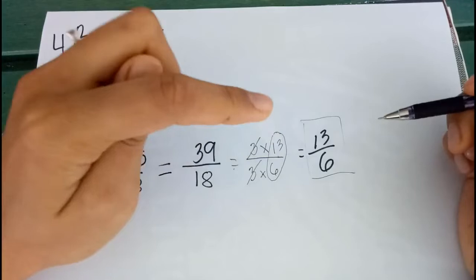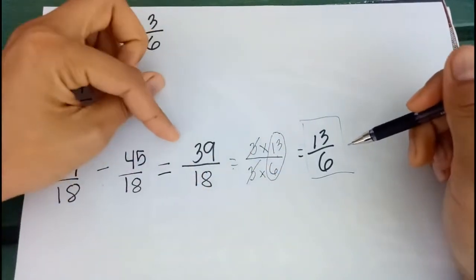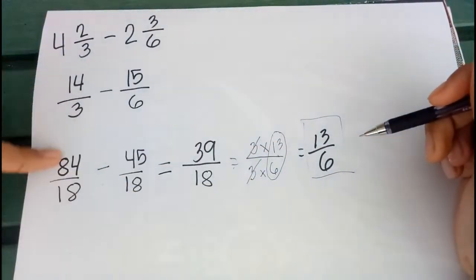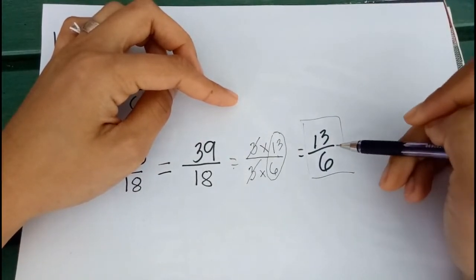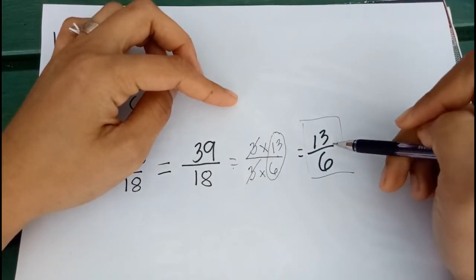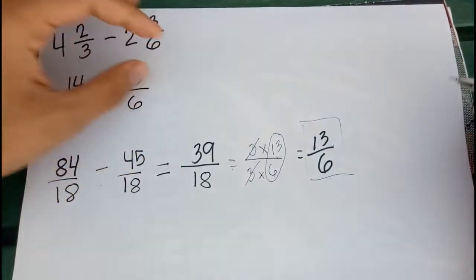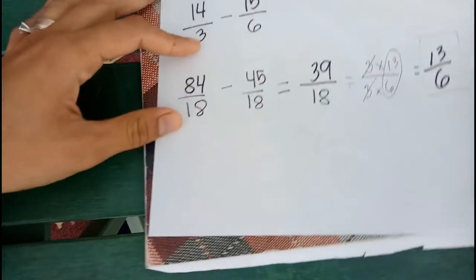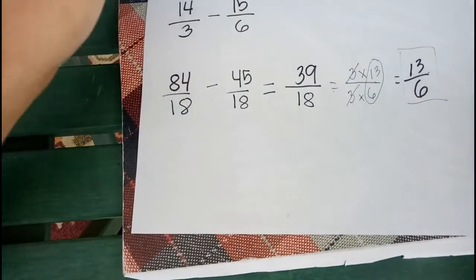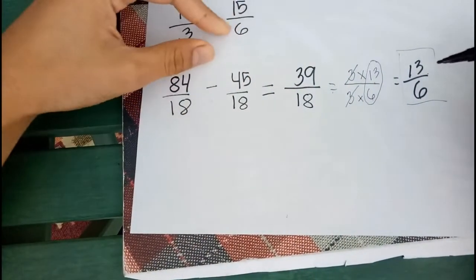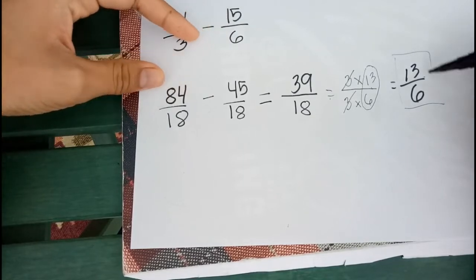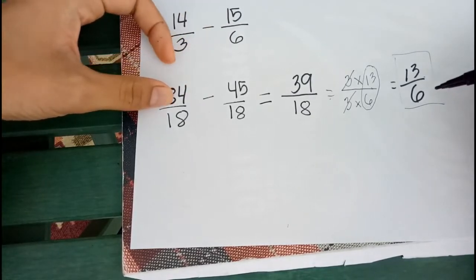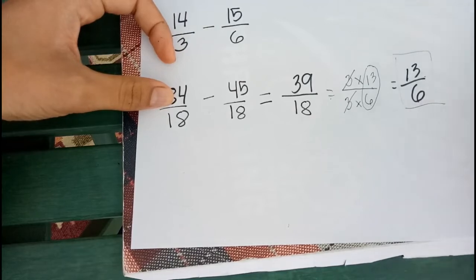Okay? So after we got the simplified answer for step 3, we go to step 4, and that is to convert the improper fraction to mixed fraction. That's our step 4. So for step 4, I'm going to do it here. We're just going to divide our numerator by our denominator. In this answer, our denominator is 6, our numerator is 13.